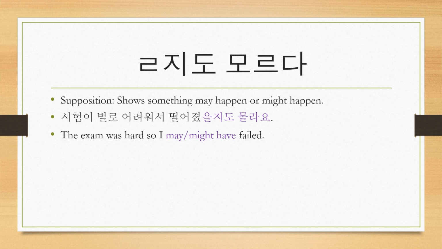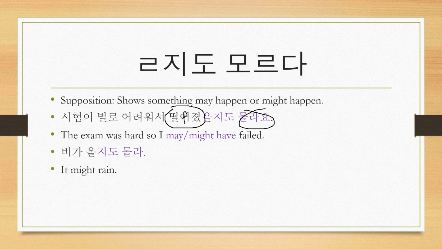So basically, the exam was hard, so I might have failed, and when you want to talk about something that you think happened in the past, you connect the verb with this part here in the past tense, while this part always stays the same. The actual verb ending stays the same always, but the verb you attach to this piece of grammar changes from present tense to past tense.